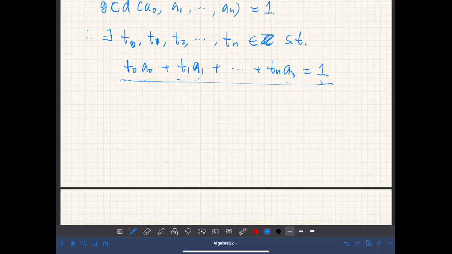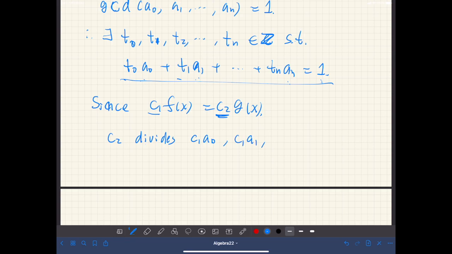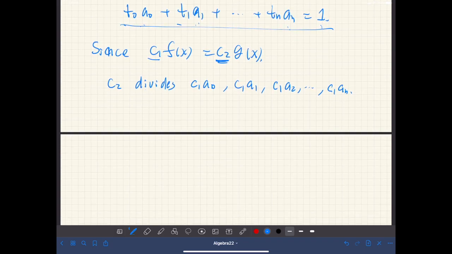So if their greatest common divisor is 1, then there exist some integers satisfying this equation. Now, by assumption, since c1 f of x is equal to c2 g of x, c2 divides c1 a0, c1 a1, c1 a2, and so on, c1 an.